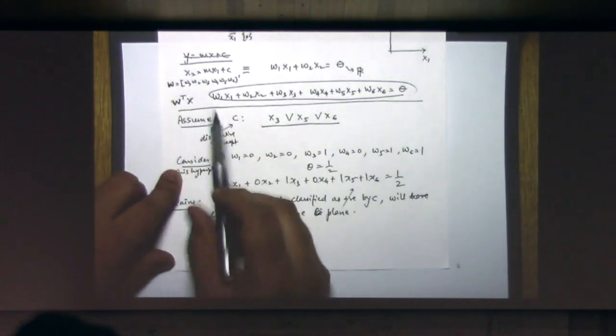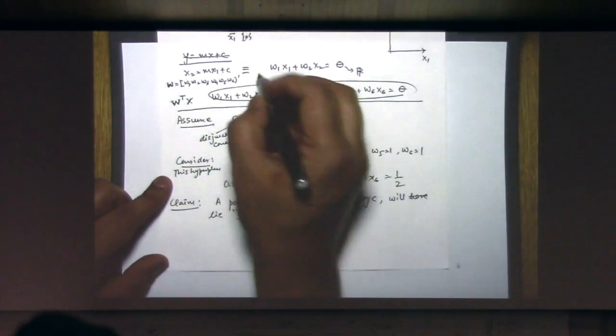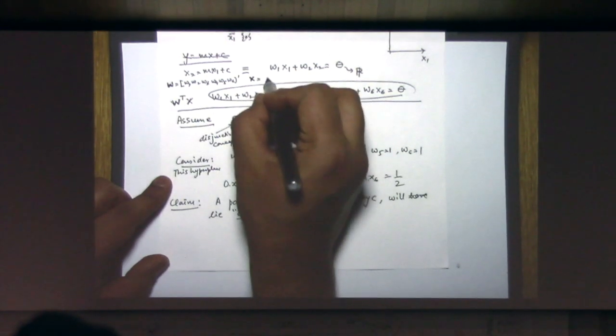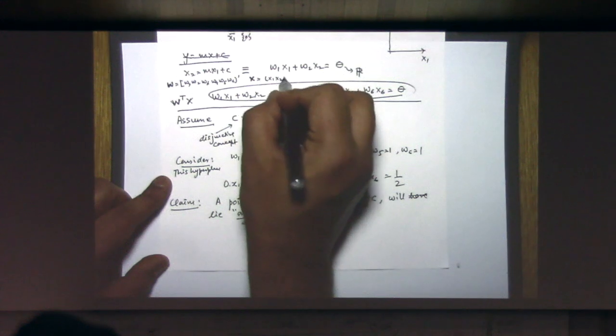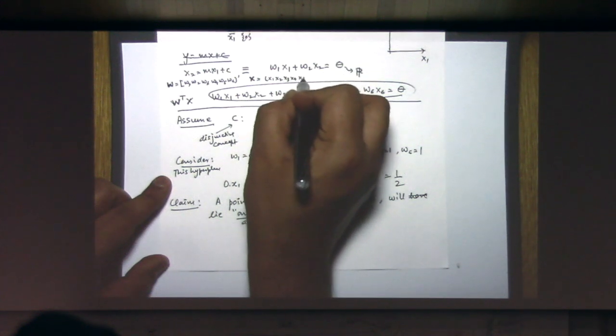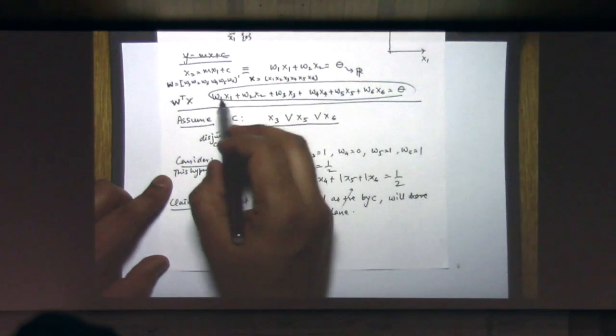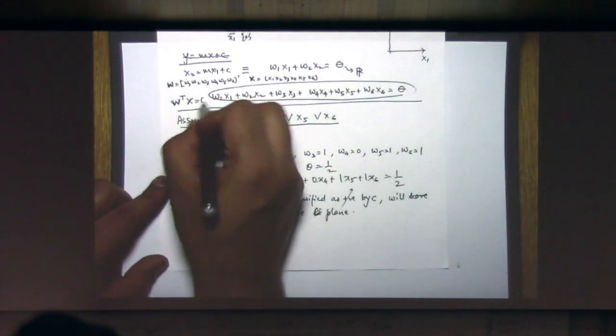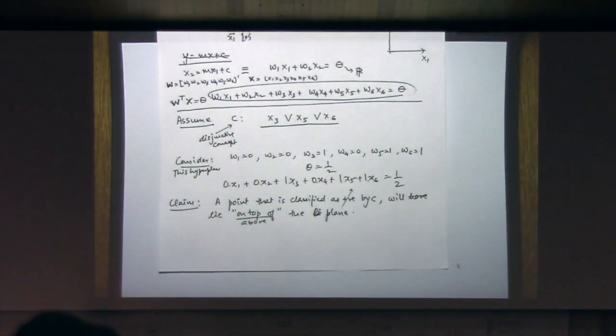X is your input data vector, which is another vector of 6 values. So another way to write this line is W transpose X equal to theta. When I say W transpose X, we also call it a dot product or an inner product, and I told you last time what it means, right?